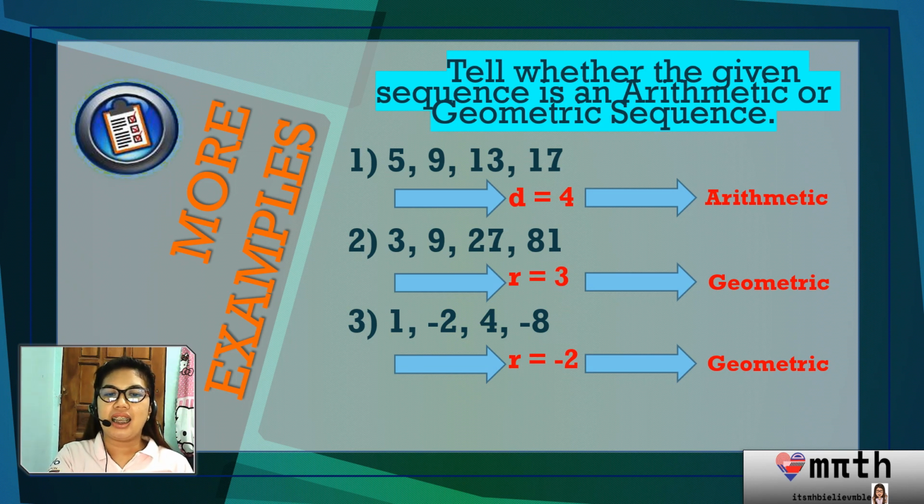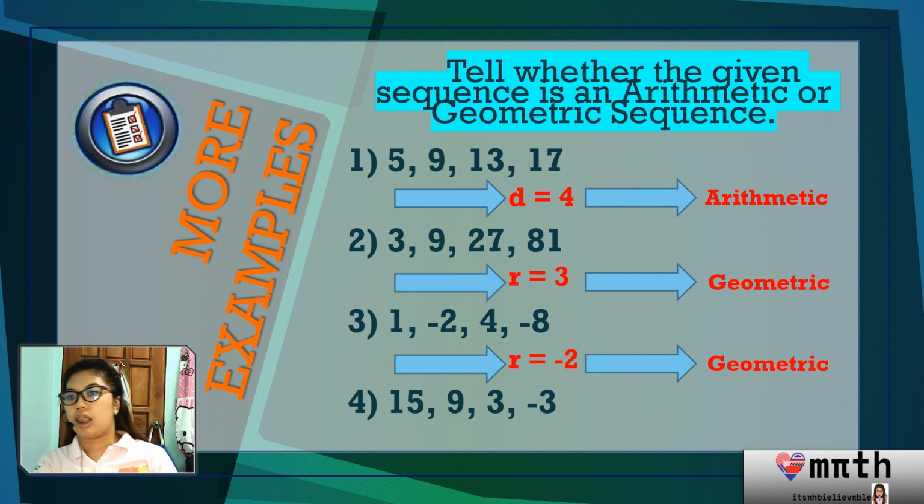Okay, lastly, the sequence is 15, 9, 3, and negative 3. If we divide those numbers by its preceding number, definitely we do not get the same numbers. But if we try to subtract, like negative 3 subtracted by 3, that will be negative 6.